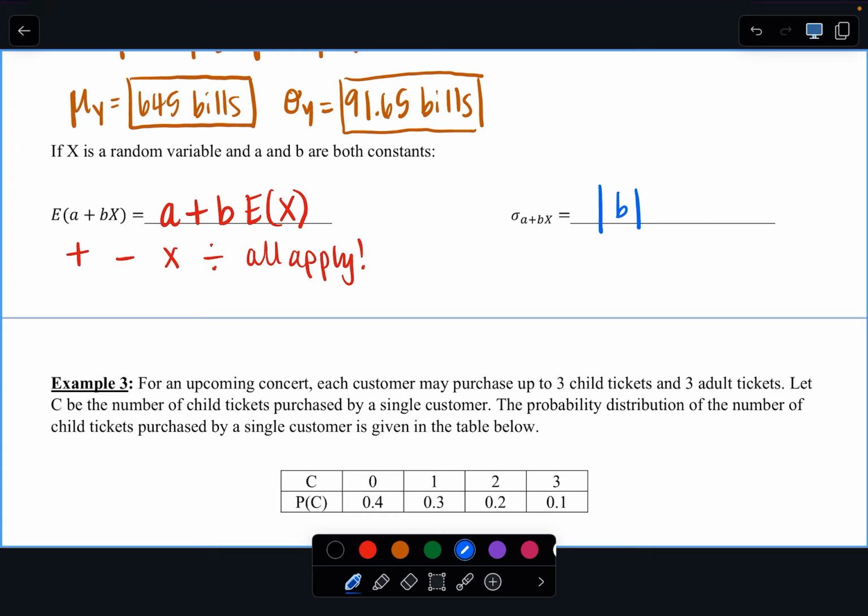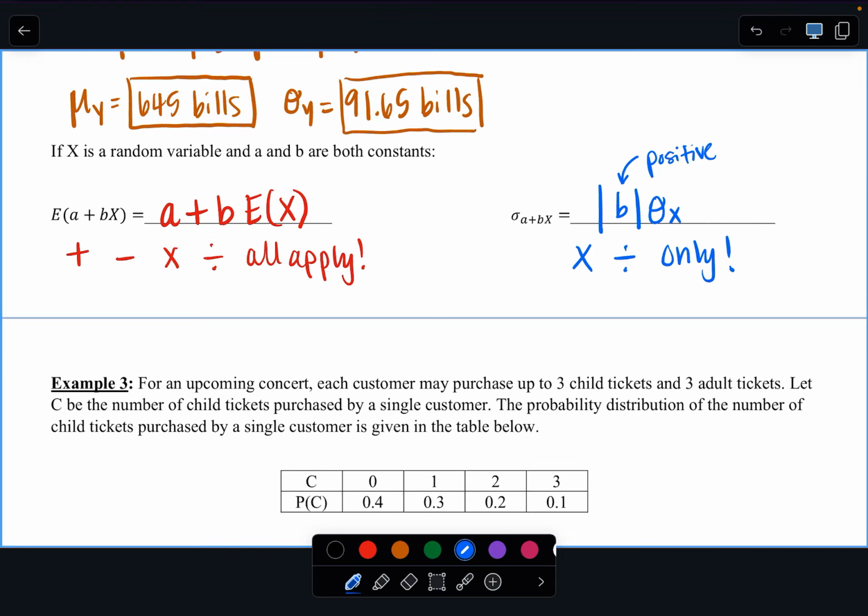So take the absolute value of it, make sure that this is a positive scalar, whatever it may be, and use that to change the standard deviation. I just kept it as b because b could be a fraction, which is division, and this is multiplying and dividing only.